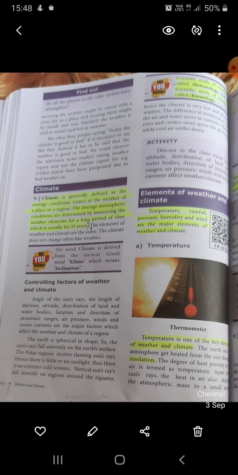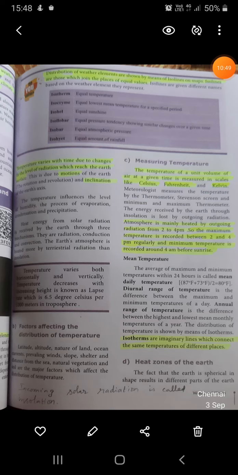The temperature influences the level of humidity, the process of evaporation, condensation, and precipitation. Temperature varies both horizontally and vertically.